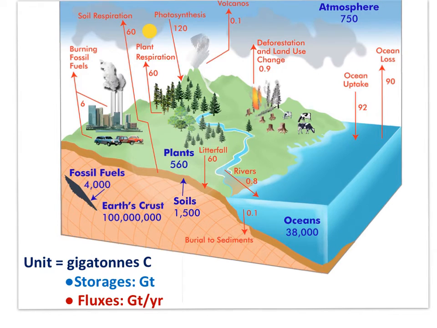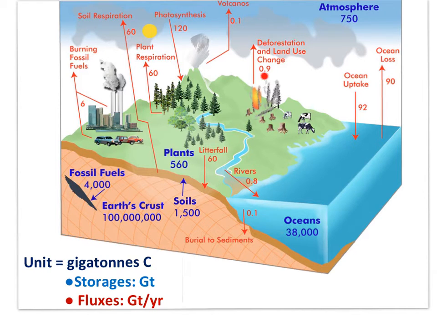This is a nice image to study. The storages are labeled in blue and the fluxes are in red. Again, notice the comparable values for photosynthesis and respiration, 120 gigatons per year each. Notice the comparable values for the exchange with the ocean, 90 and 92 gigatons per year respectively, with a small net loss of CO2 from the atmosphere to the ocean.